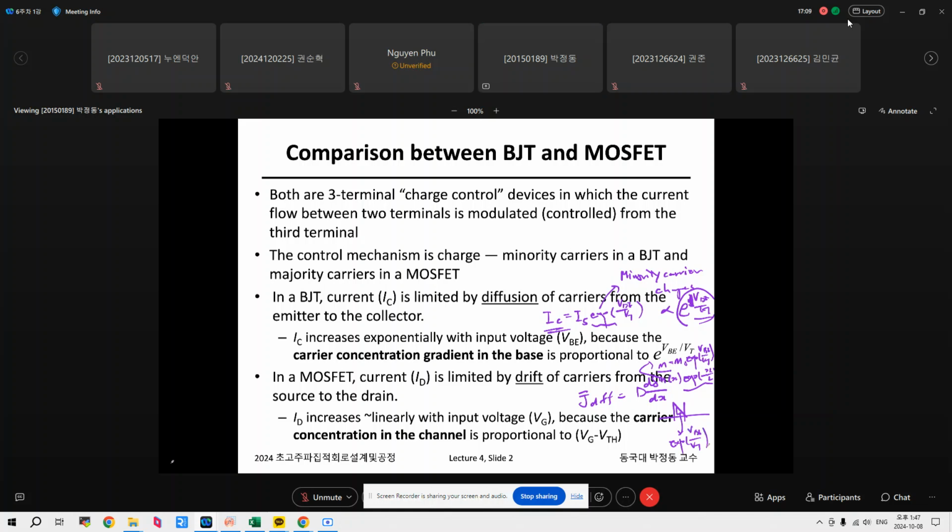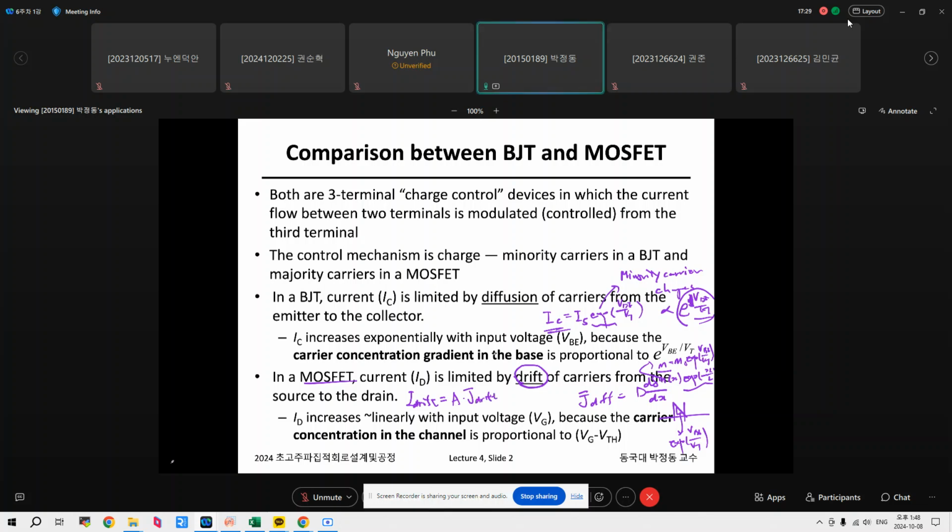Okay. So for the MOSFET, because its mechanism is drift current, drift current is given by area, right, multiplied by J drift.